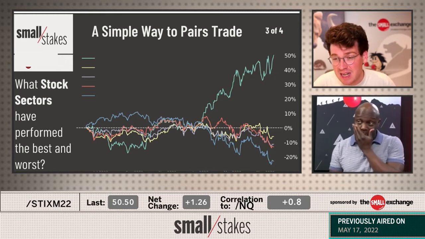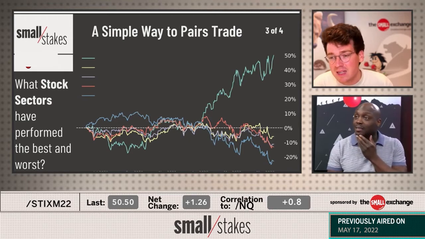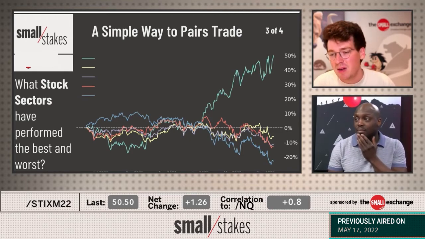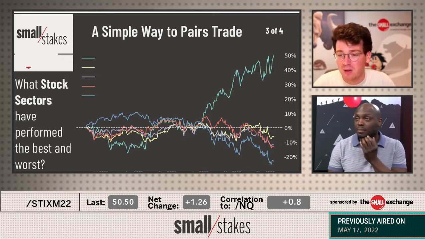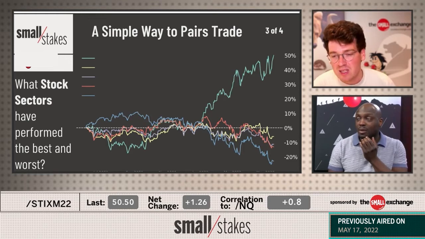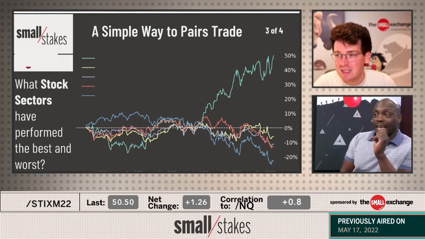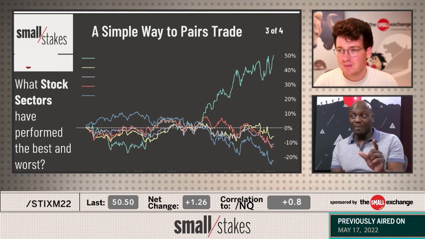The rest of them are down to varying degrees. That yellow line is down about 5%. Purple and orange there are down about 10%. And then that blue line, holy smokes, down 25%. Of course, you could probably already infer what that blue line is. But are you able to guess the stock sectors in front of you? I specifically didn't look.